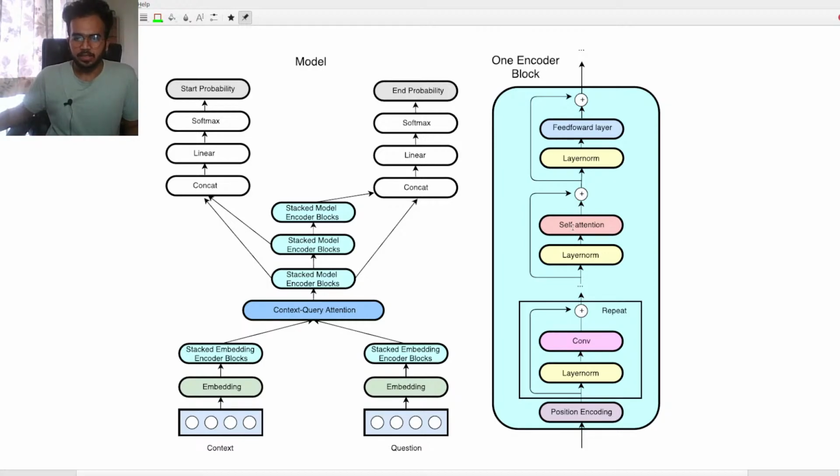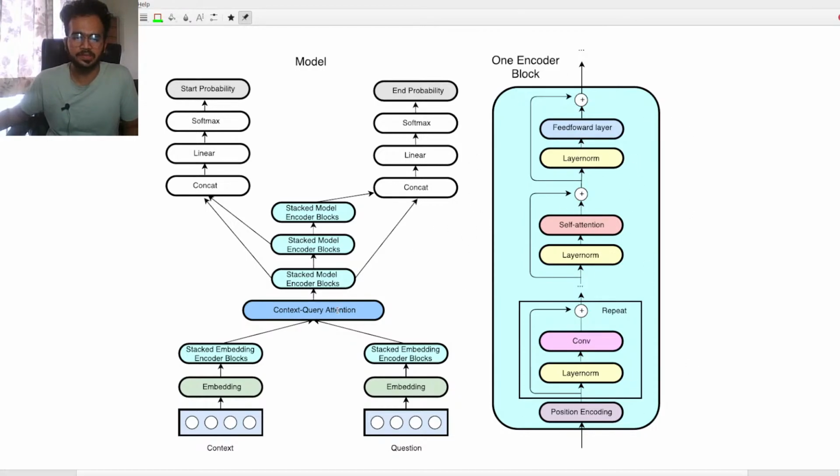Both of these blocks are also contained in residual blocks, and then we again have a layer norm and a feed-forward layer, which is a normal fully connected feed-forward layer, and that is one encoder block.